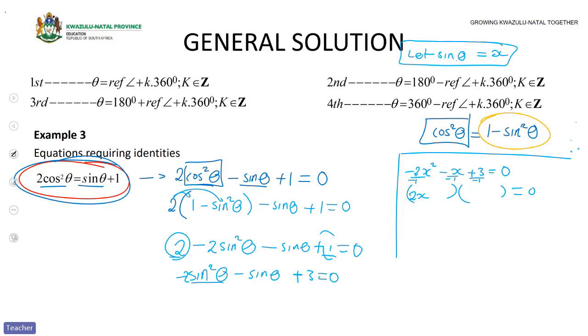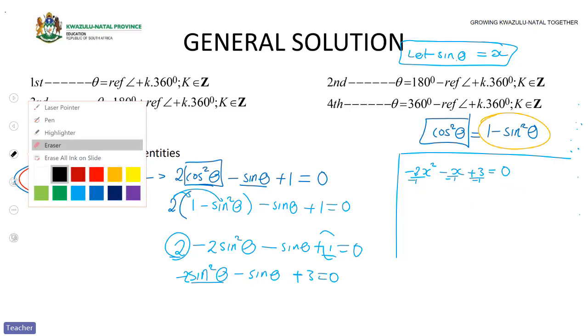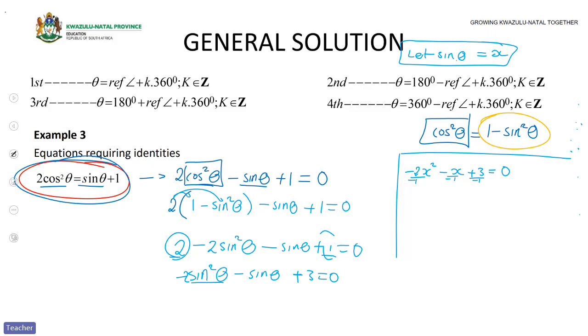Let me erase here so that you can all see. If you divide by negative 1 here, you are going to have 2x squared, which is positive. Divide by negative 1 here, you're also going to have positive x. Then it's going to be minus 3.